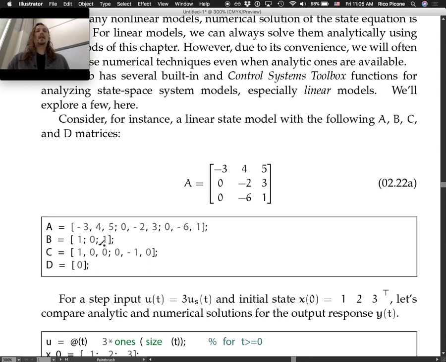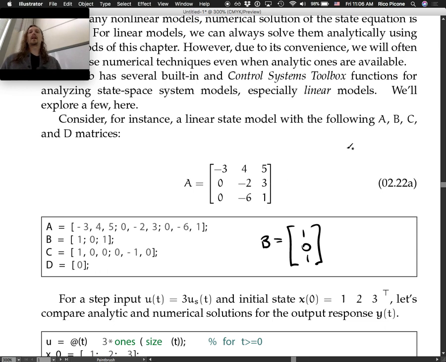And then B is going to give us some insight into how many inputs we have. How many inputs do we have? In this MATLAB syntax, if you use a semicolon between elements, then you're defining a new row. So the B matrix is 0, 1, 0, 1.